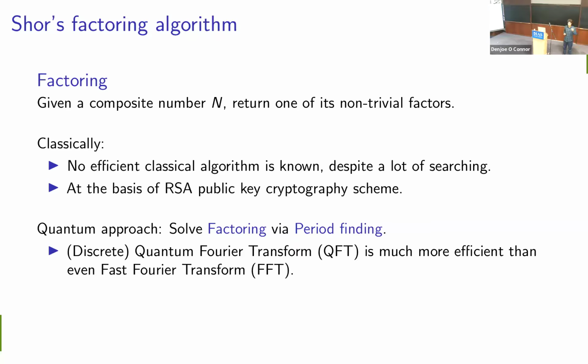You can use that big composite number to set up some function, and you're guaranteed this function is going to be periodic, it'll repeat, and that period, the length, will tell you about the factor of your number.